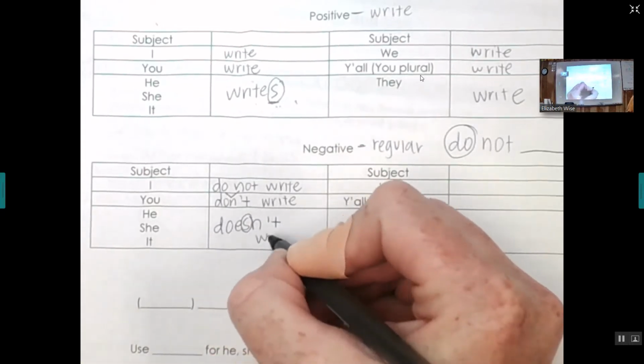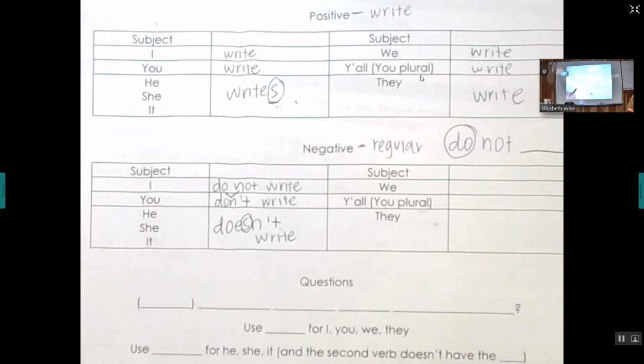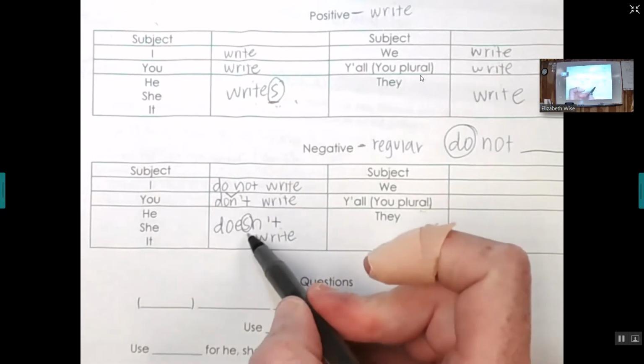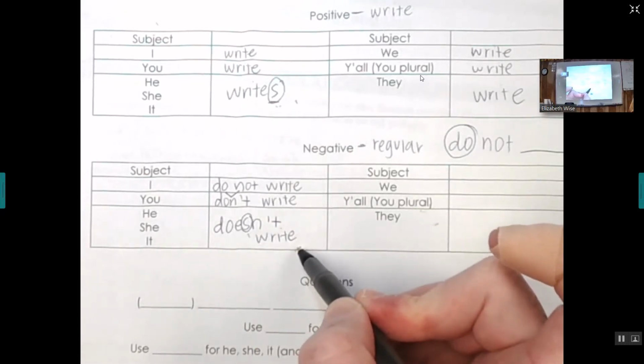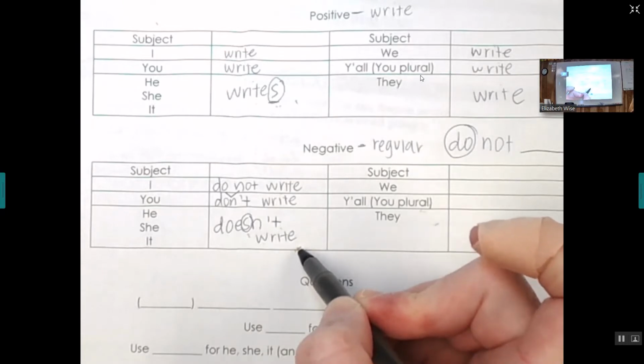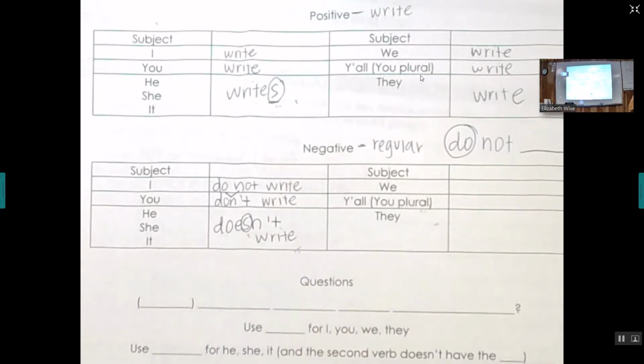So doesn't write. We only need one S. So the S moves to doesn't in the negative. And so the second verb, write, does not have an S. Okay, we'll do some practice with that. So I think it'll get more clear because that's also in the question.